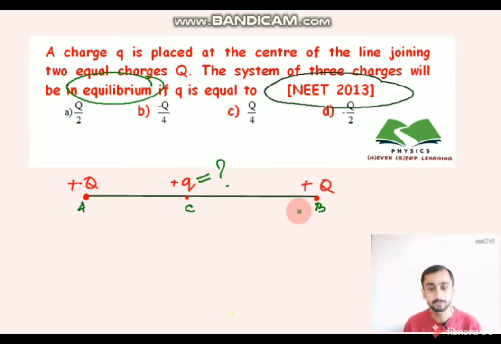You have studied in first year the condition for equilibrium of forces: net external force must be equal to 0, then only a body will be in equilibrium. That means if a charge has to be in equilibrium, the net force on that charge must be equal to 0. Therefore if this system has to be in equilibrium, the net force on all the charges must be equal to 0.